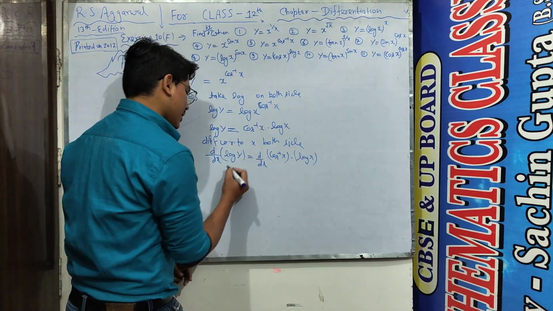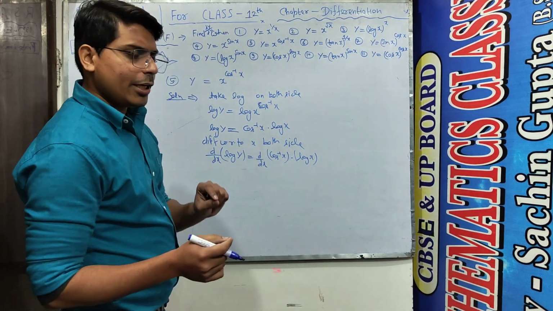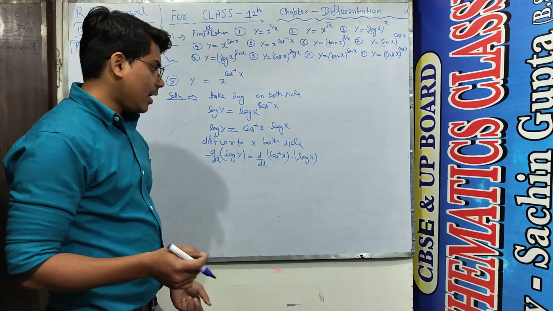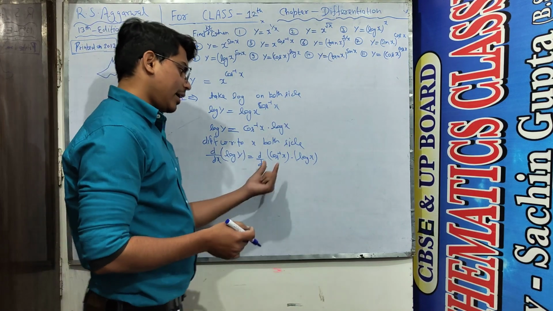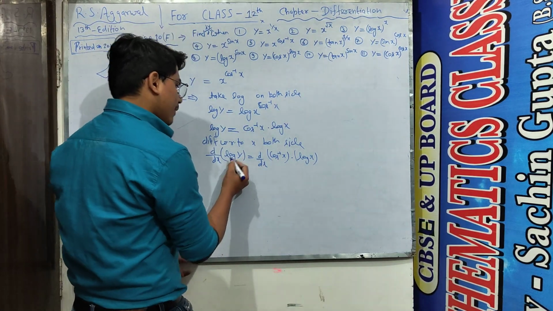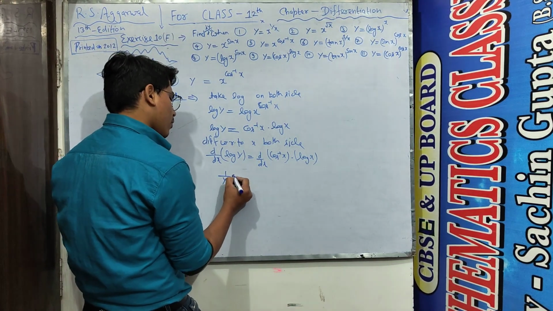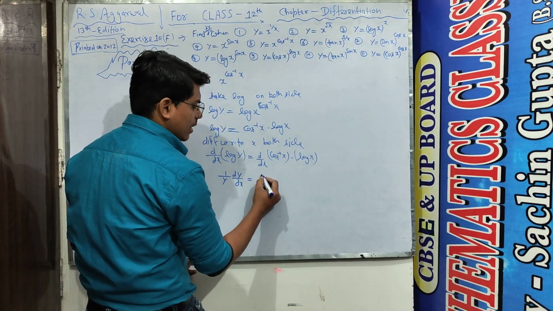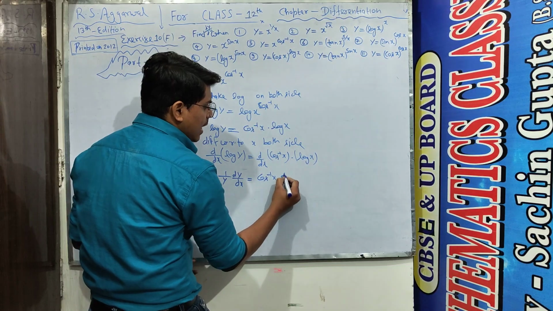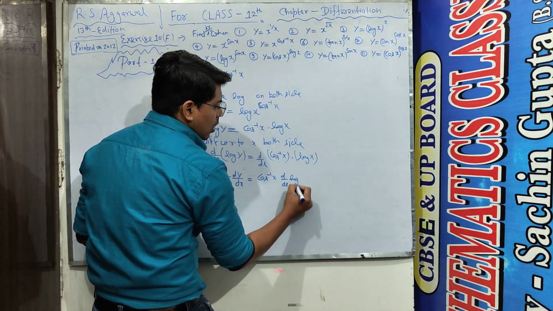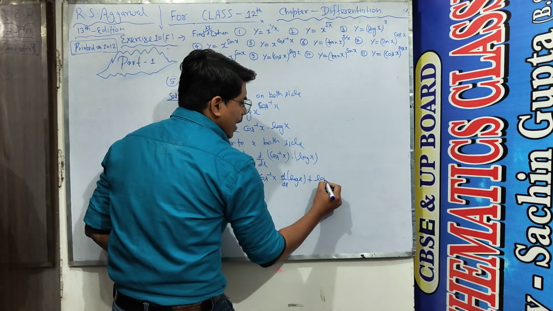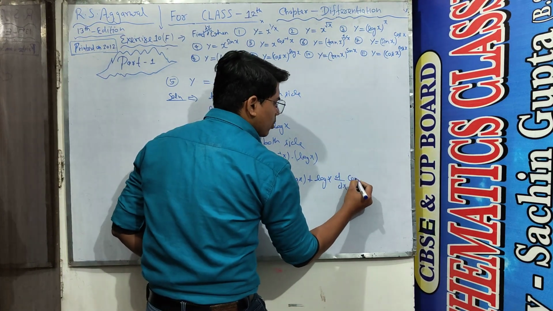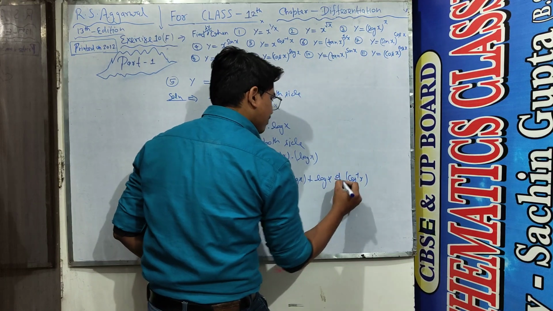Here it does not matter, because when we apply the formula of differentiation in a fraction, then it matters, but here it does not matter. The differential of log y is 1 upon y dy by dx, and here we apply the first-second rule. So write cos inverse x as well as differentiate log x first time, and here I write log x as well as differentiate cos inverse x one time.